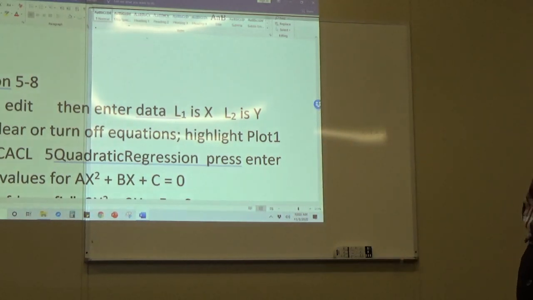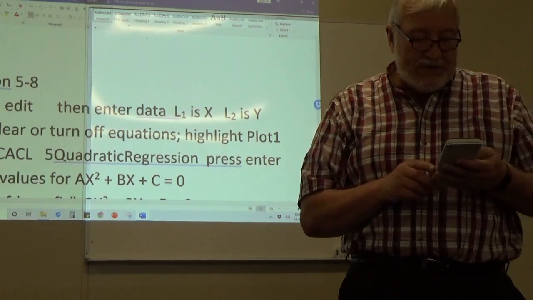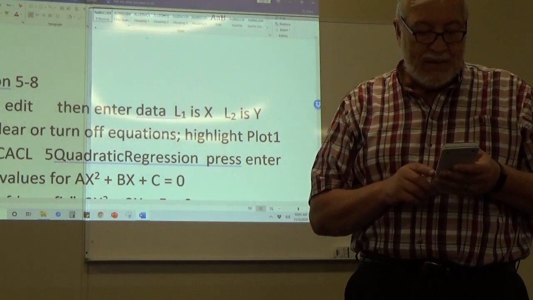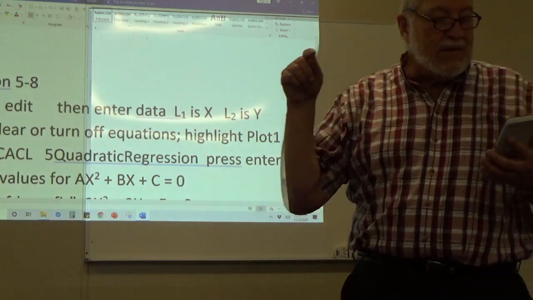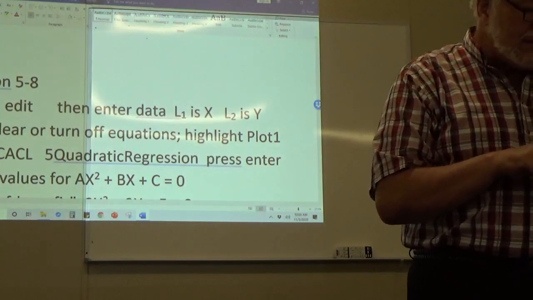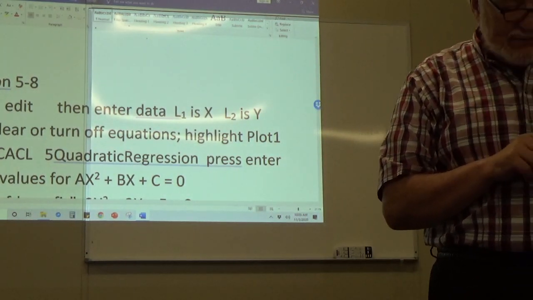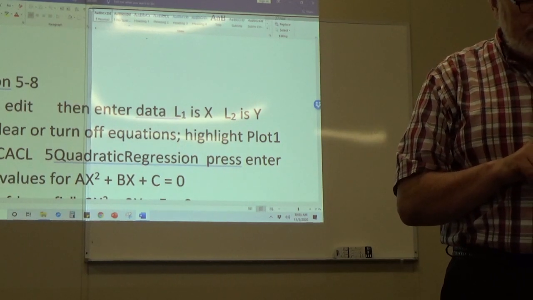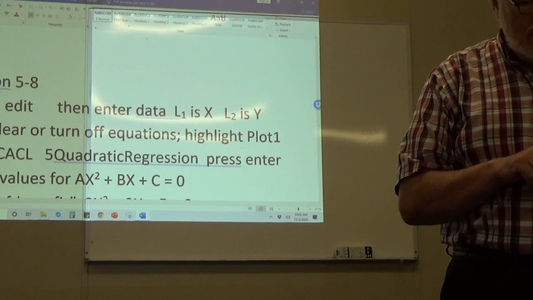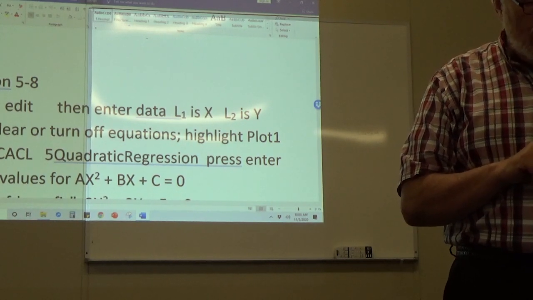Now, we're going to need to go at least up 26. So let's go to window and let the x minimum of -10 be there, but let's make the x maximum 40. And then the change can be 1.